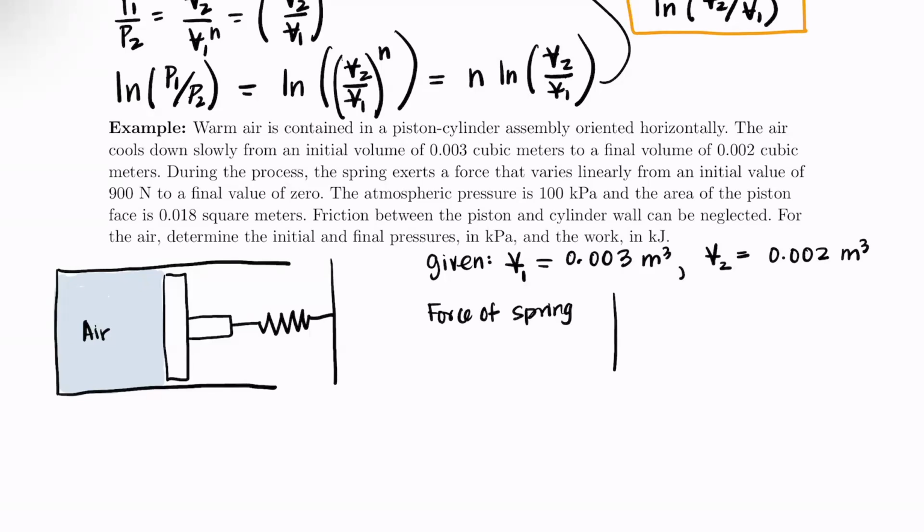So what happens from volume 1 to volume 2 is our force goes from 900 newtons down to 0 in a linear fashion. And then this is linear.